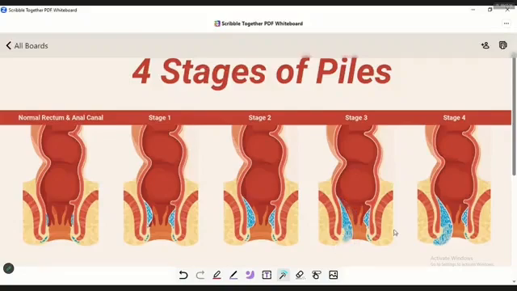Stage 4 is where it permanently ends up on the outside, and this can also be painful. It's always on the outside, so of course this might require surgical removal. The first 3 stages can heal on their own, but stage 4 would require some sort of treatment.